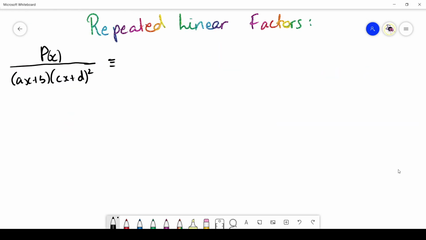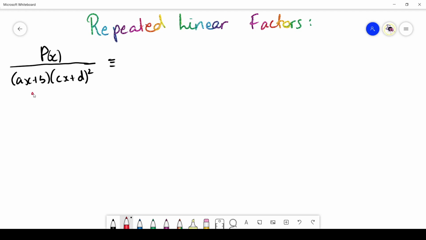Okay, so on screen you'll see that we have a different type of proper fraction, a case where we're going to have repeated linear factors. What does it mean? On the left hand side, I want you to look very closely at the denominator.